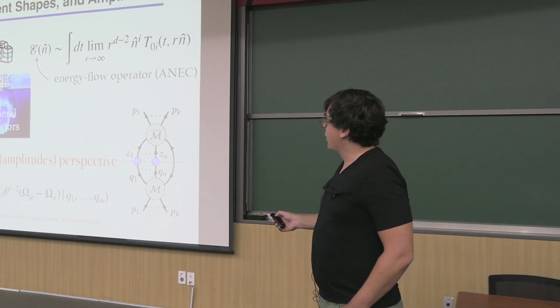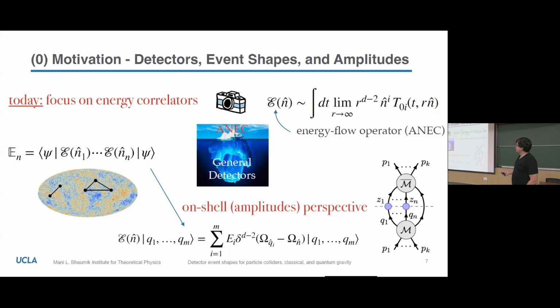Once we have our detector, we can ask for correlation functions of multiple of these detectors in some particular state. Crucially, these non-local operators annihilate the vacuum, so you need to measure them in some non-trivial state psi. There are two complementary perspectives on these event shapes.